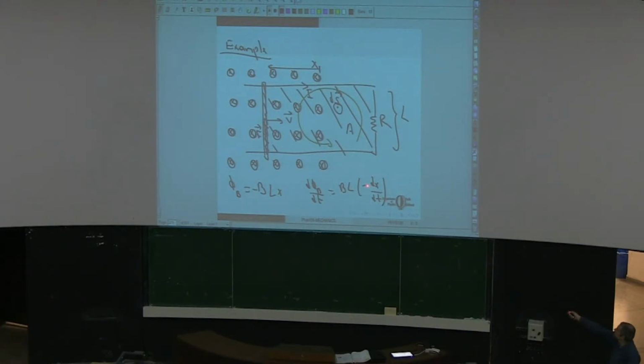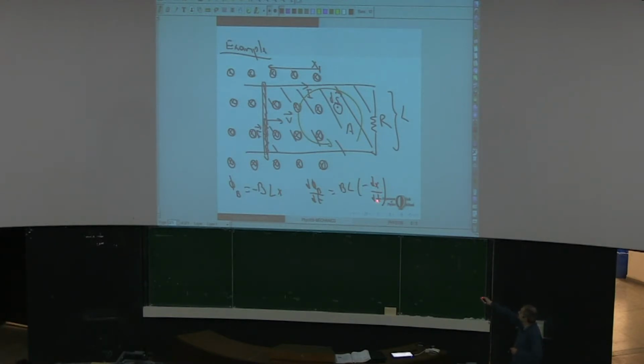Now just look at this dx by dt. Is dx by dt in this system positive or negative? dx by dt is negative, because as time is increasing, x, this length, is decreasing.